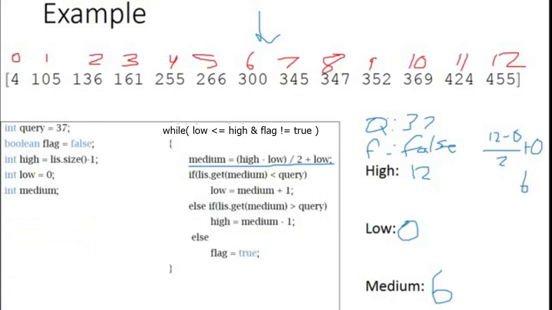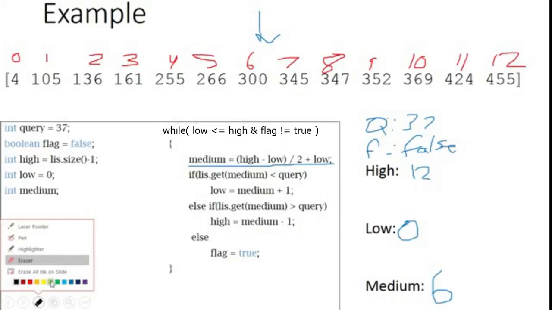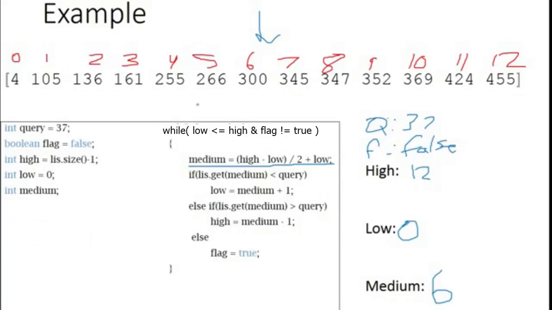That's where we're going to start off. Medium is 6. So let's take that now. We're looking at this number. Now our query was 37, right? We have it right over here. 300, we would say, is greater than 37.